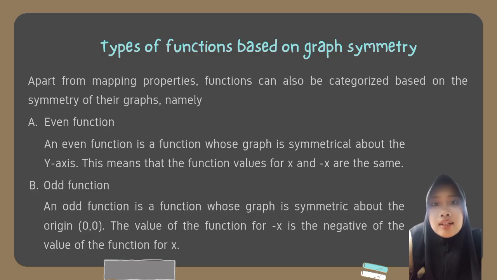This means that the function values for x and minus x are the same. 2. Odd function. An odd function is a function whose graph is symmetric about the origin (0, 0). The value of the function for minus x is the negative of the value of the function for x.